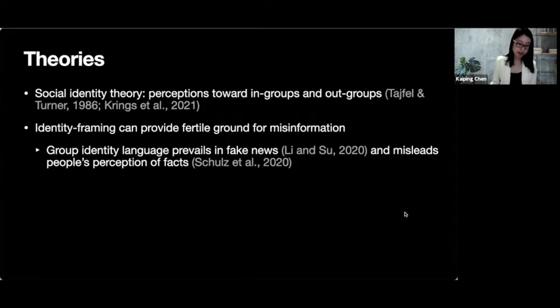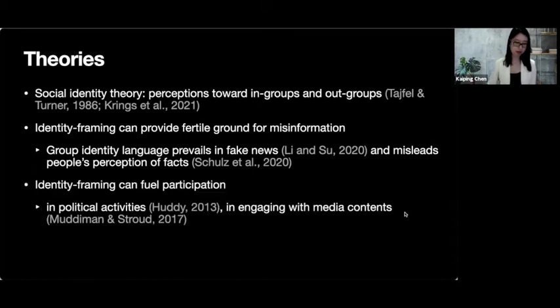First, scholars found that when a message uses this type of identity framing, it can provide fertile ground for misinformation. For instance, researchers found that the use of group identity language actually prevails in fake news on Twitter, and it can mislead public perception of what is true about the news.